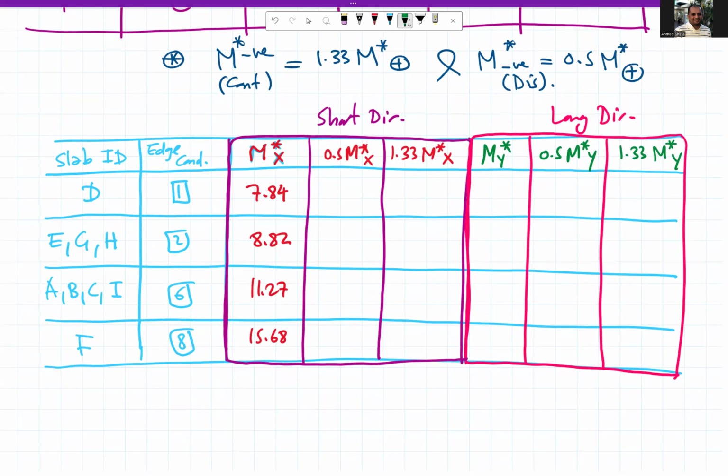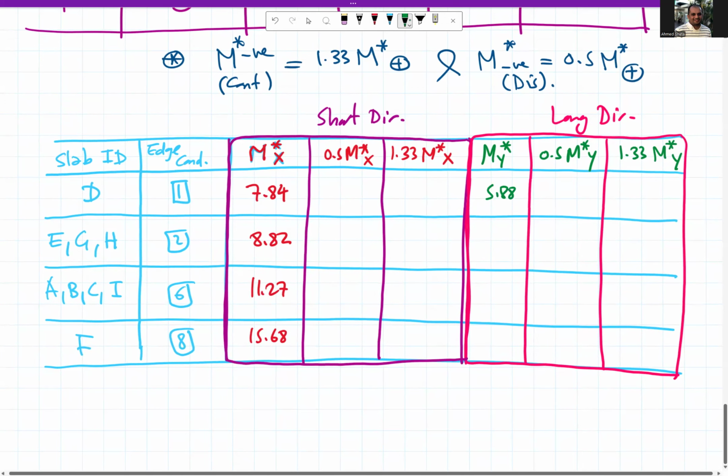And for the my values, we have 5.88, and number 2 we have 6.86. Number 6 we have 8.58, and number 8 we have 10.54.